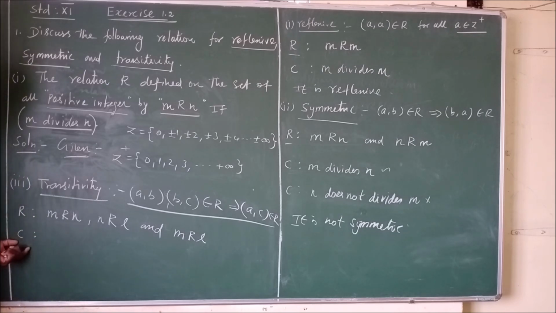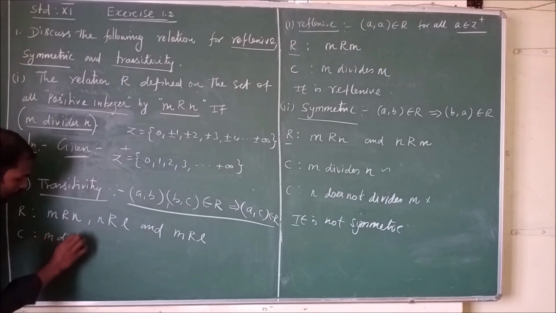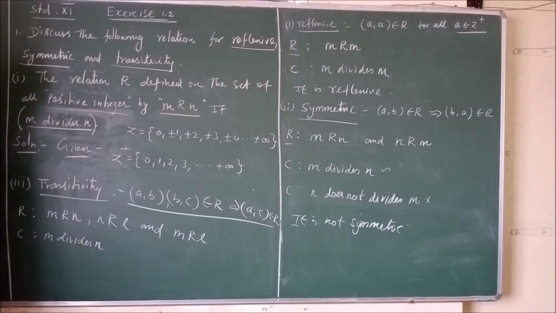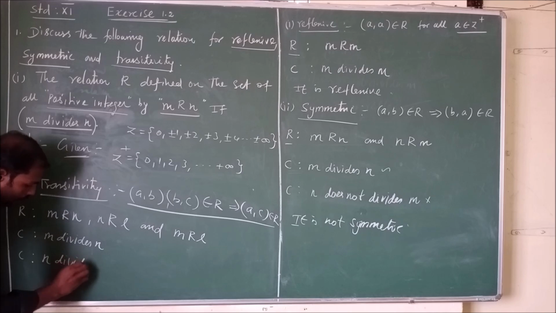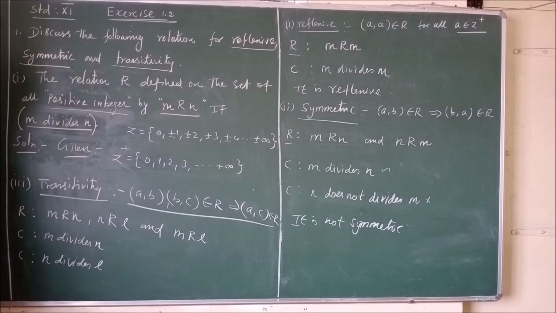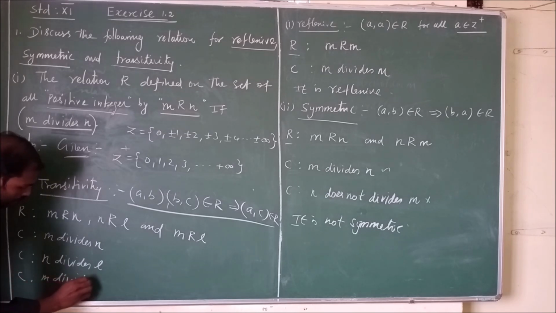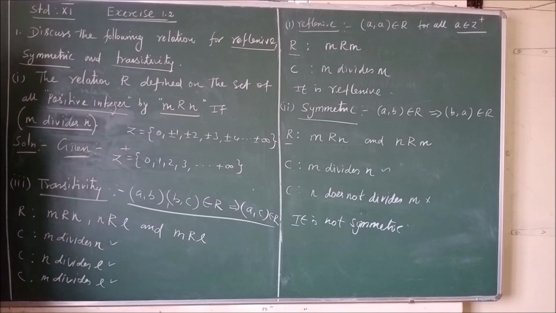The first condition is m related to n, m divides n. Okay, it is satisfied. The second condition is n divides l. It is also satisfied. The third condition is m divides l. So all three conditions are satisfied.